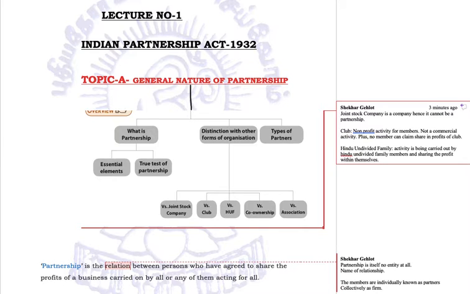Is this a partnership? They are carrying out professional activities. The Hindu undivided family is carrying out a professional activity, and they are earning profits as well, and distributing profits among themselves. Now, do we call it a partnership?